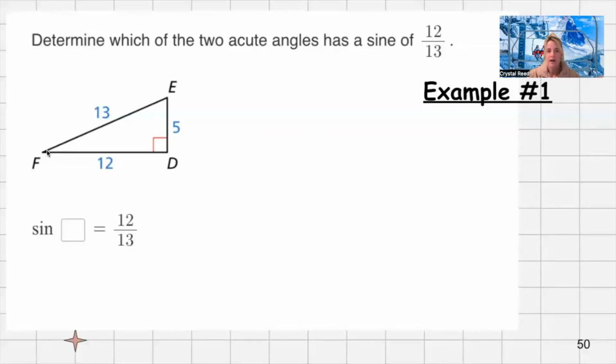If we're looking at angle F, sine is opposite over hypotenuse. Angle F would have a sine of 5/13. That's not it. Angle E, opposite over hypotenuse, would be 12/13. It is the sine of angle E that is 12/13. See, we're already getting there. Baby steps.